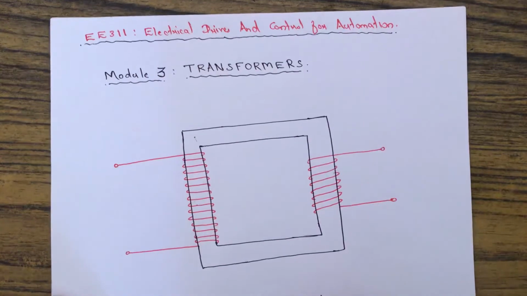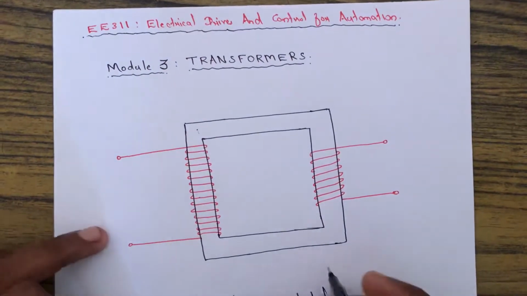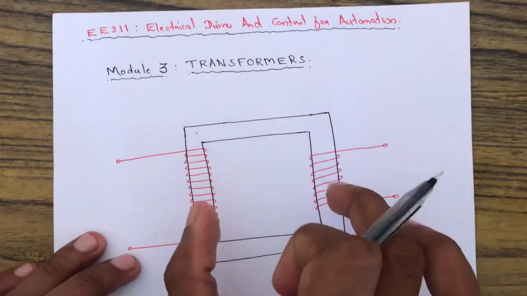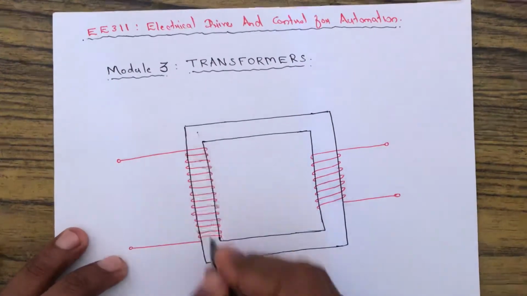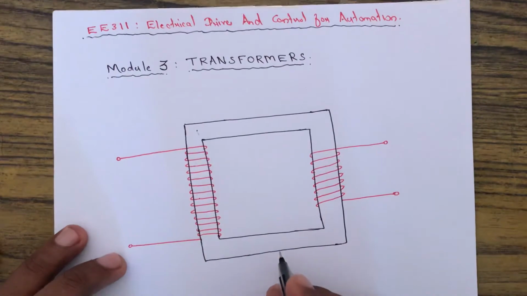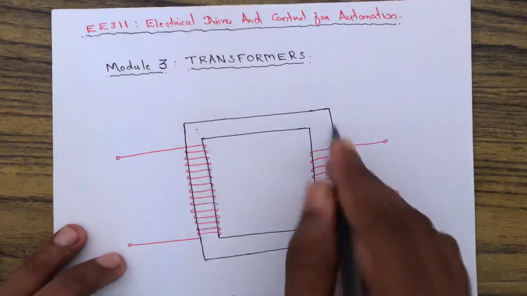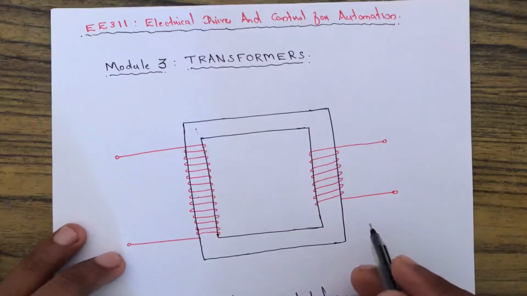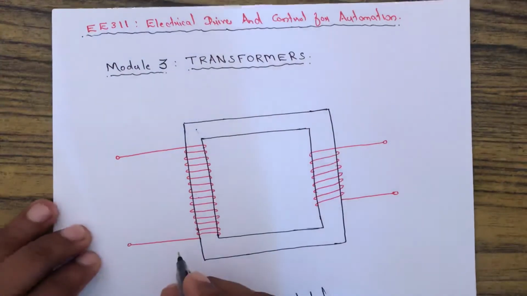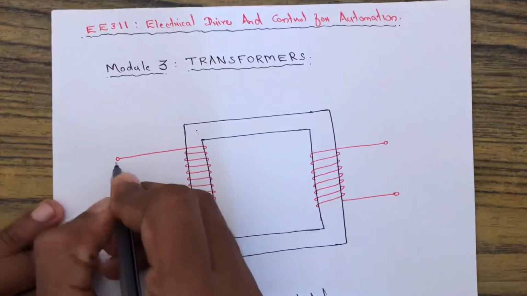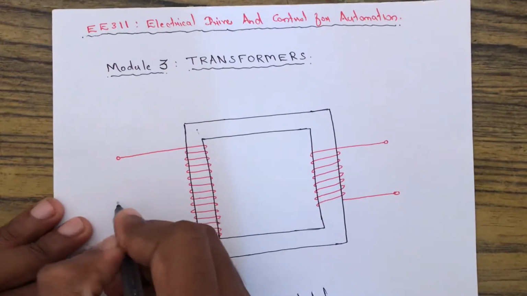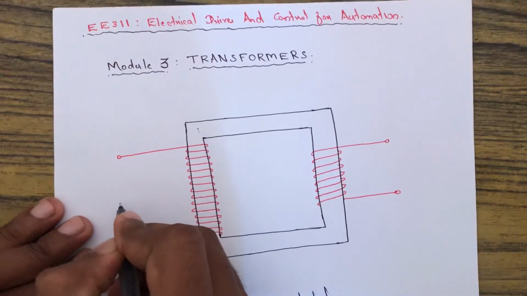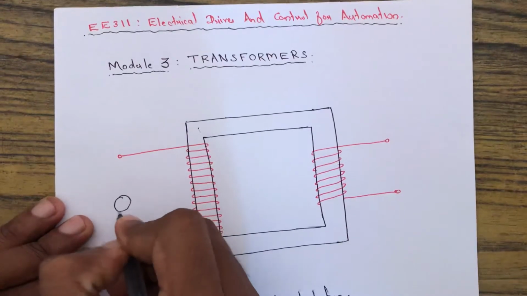Coming to the construction, the main parts of a transformer are the soft silicon steel iron core and the two windings. If we are applying a voltage here, consider that we are applying an AC voltage.